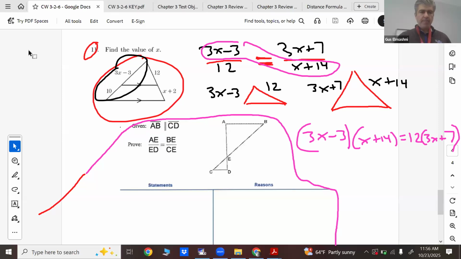Hopefully getting this so far. 3x squared plus 39x minus 42. Yeah, good. Bingo. Equals 36x plus 84. Yeah. Move everything to one side.